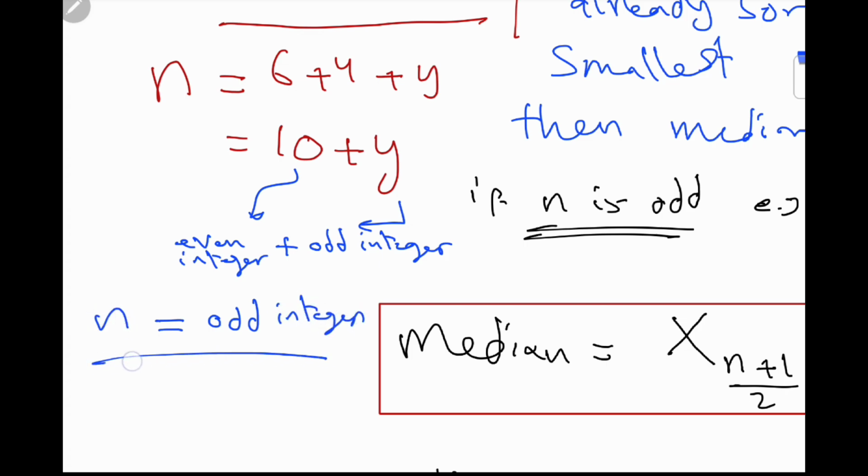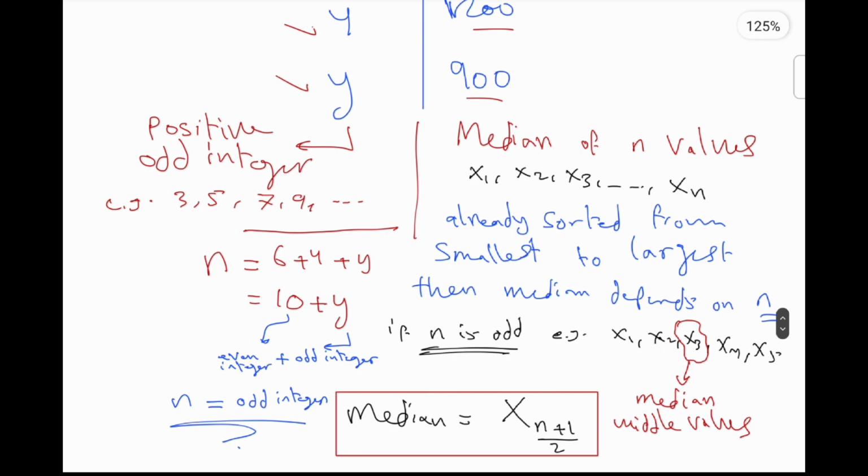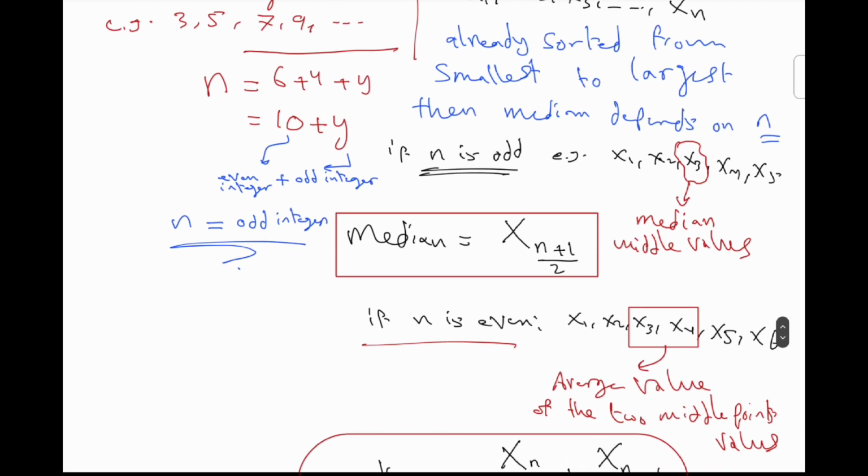So n is an odd integer for sure. In this case, we have case number 1, when n is odd, and the median is given by x sub (n plus 1) divided by 2.